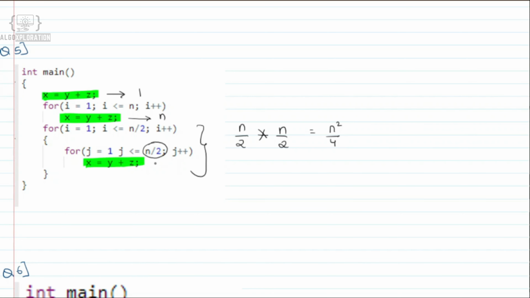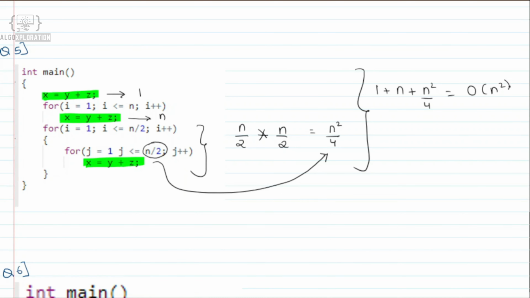So this statement is going to execute n square by 4 times. Now if we combine the order of magnitude of these three statements, it will be 1 plus n square by 4. Therefore it will be order of n square. So the time complexity of this problem will be order of n square.